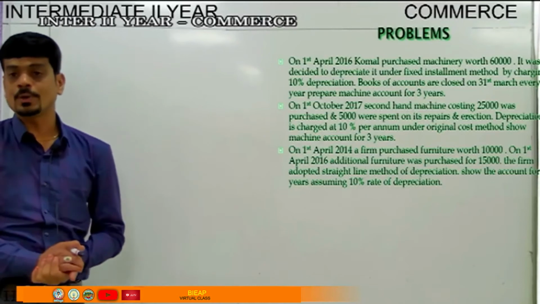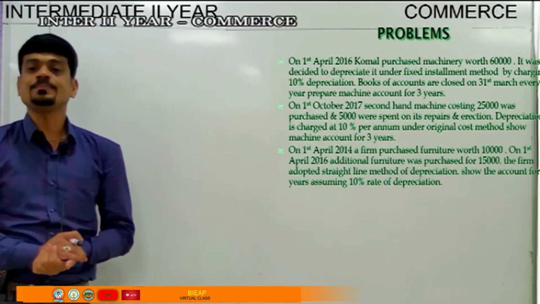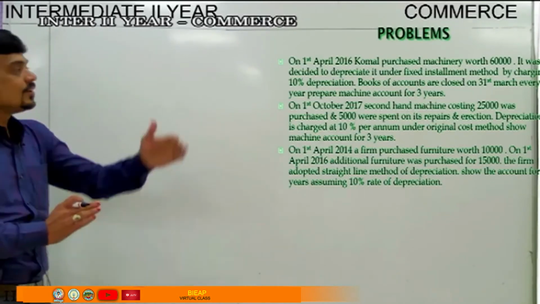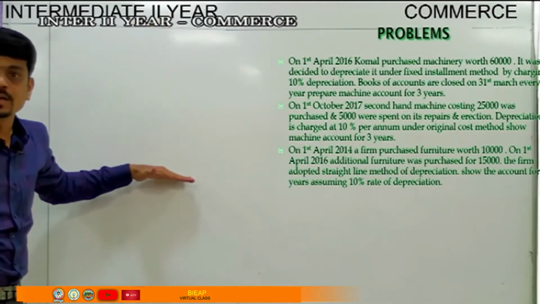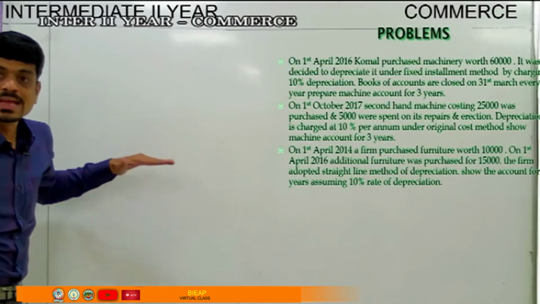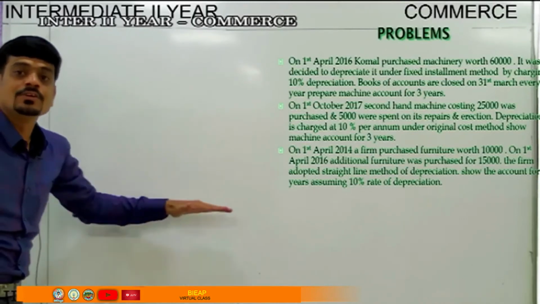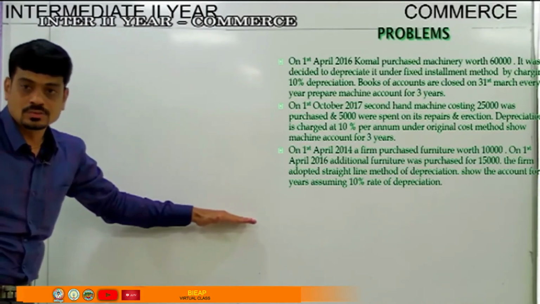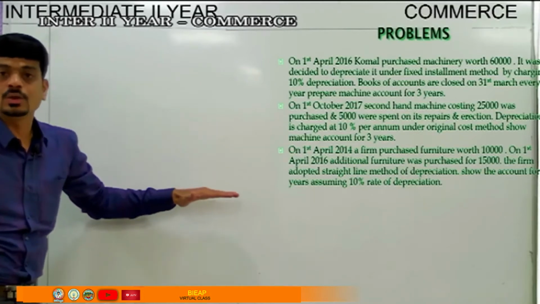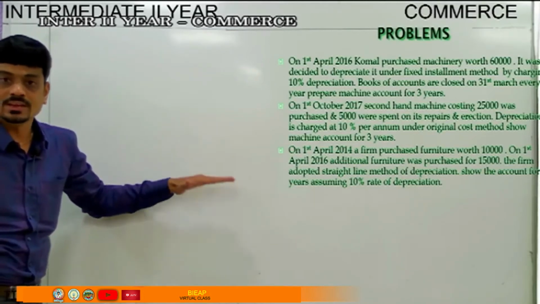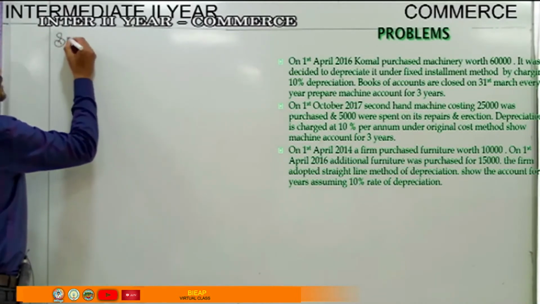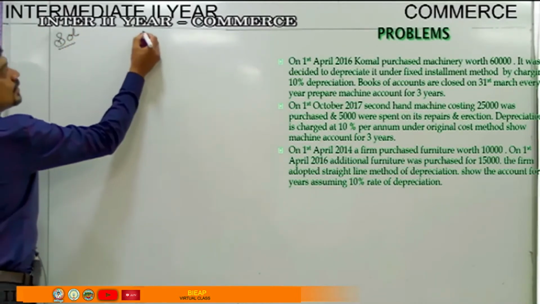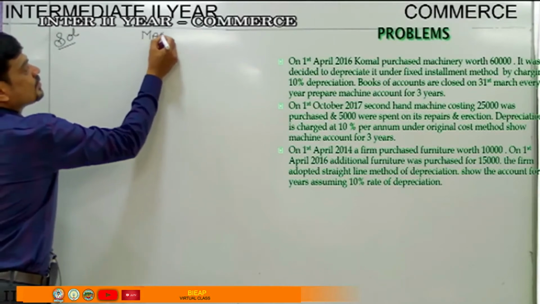So how to do the problem? Always keep in mind, whatever paper you have, you need half the paper for your solution and the remaining half we'll use for working notes. So focus on how I am solving on the blackboard now. First write the heading.